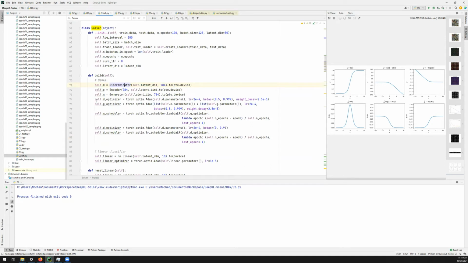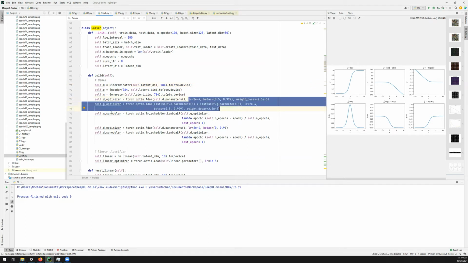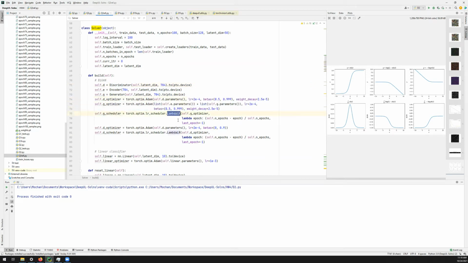Okay, and then we have the Adam optimizer with all of these parameters. And then this is a scheduler, so LambdaLR. So this is the lambda.